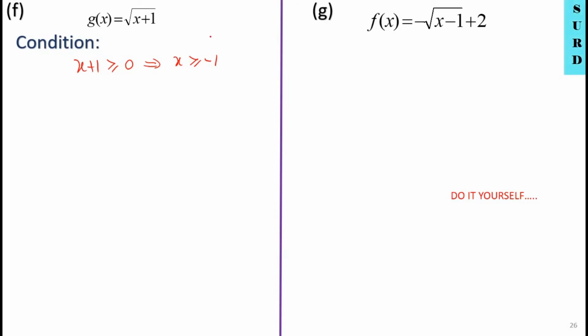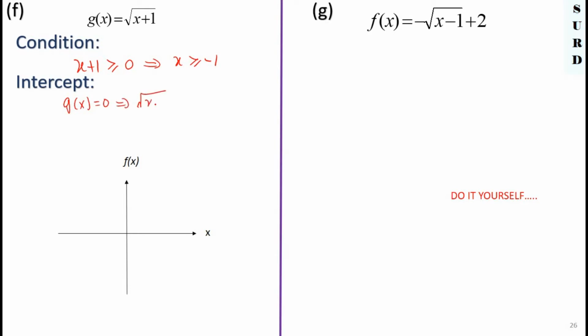So how do we find the x-intercept? To find the x-intercept, you have to substitute y equal to 0. So if g(x) is equal to 0, then the square root of x plus 1 is equal to 0. From here you get x equal to negative 1.